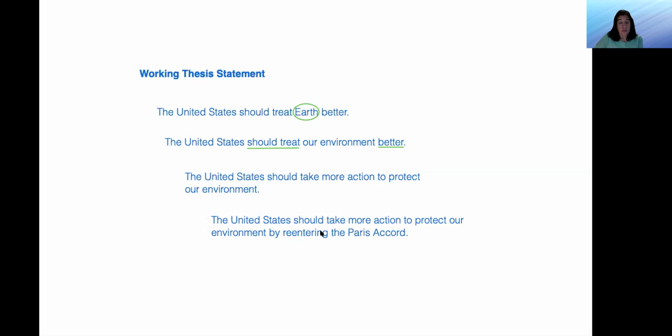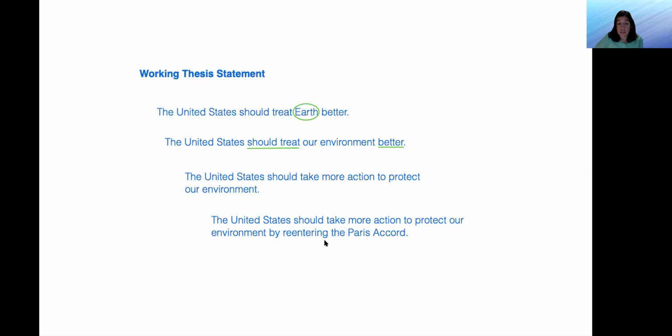Now, look how much more effective this is than what we started with. The United States should treat Earth better. Now we have the United States should take more action to protect our environment by re-entering the Paris Accord.